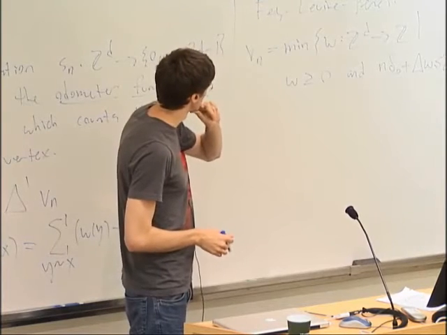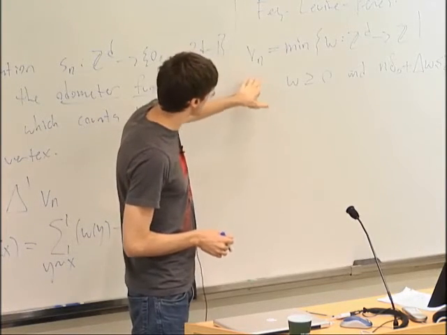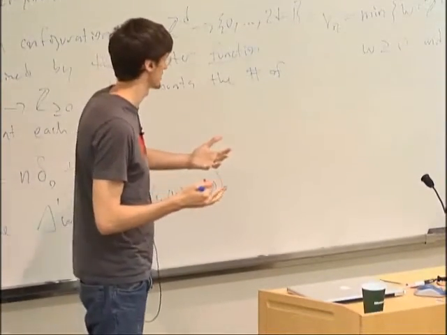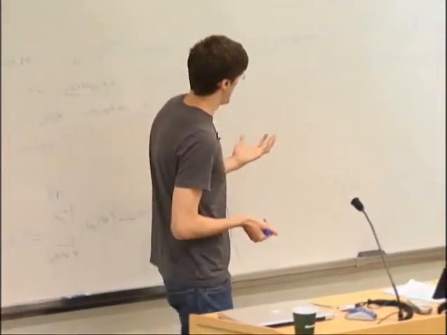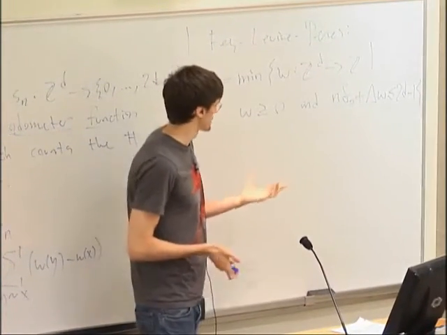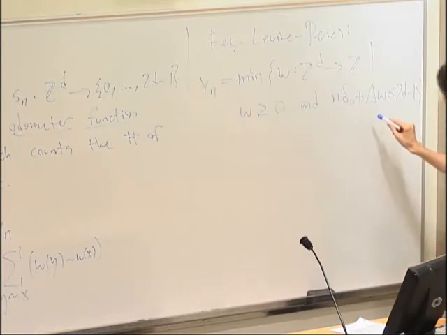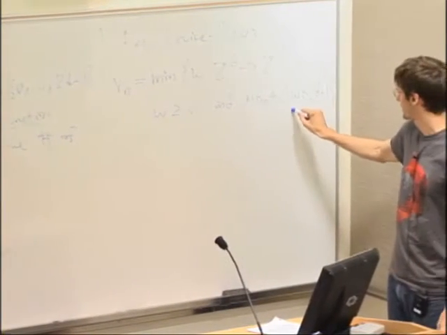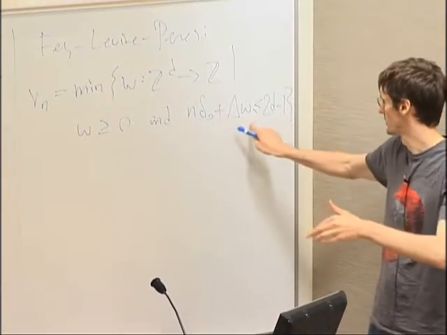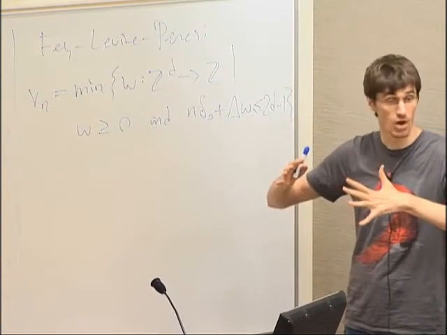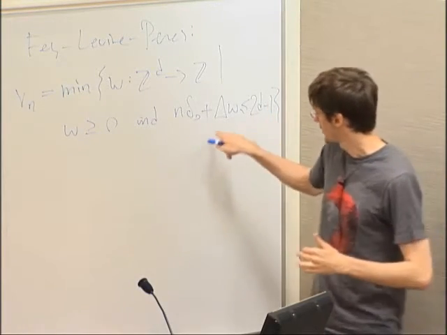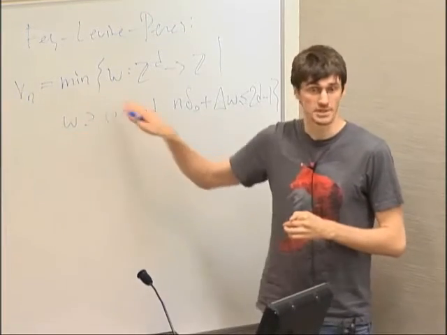So what's the idea? In some sense this is like the dual of the dynamics. It's some sort of linear programming dual of the dynamics. But you can also think of it as a discrete elliptic obstacle problem. We're looking at the minimum of all W which are discrete superharmonic with a certain right-hand side, and which are also greater than or equal to some obstacle.